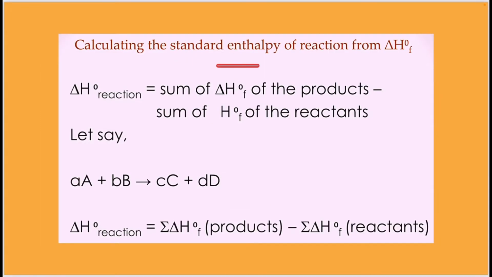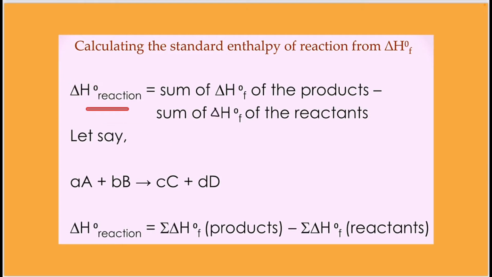Calculating the standard enthalpy of reaction from enthalpy of formation: the standard enthalpy of reaction is equal to the sum of the enthalpy of formation of the products minus the sum of the enthalpy of formation of the reactants. So this is the formula.